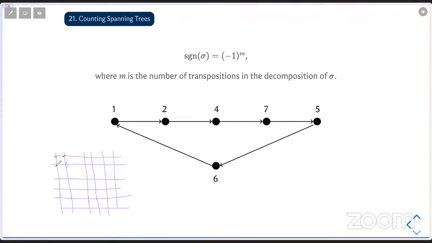From 2, I want to move to 4. From 4, I want to move to 7, which I think should be the last thing. And from 7, I want to move to 5. From 5, I want to move to 6. From 6, I want to move to 1.